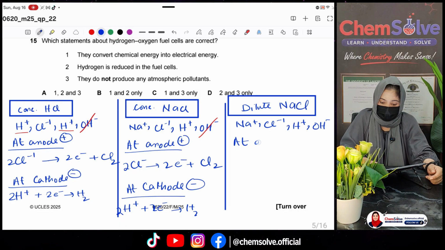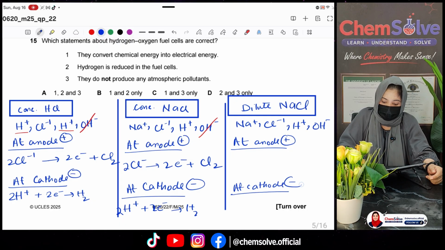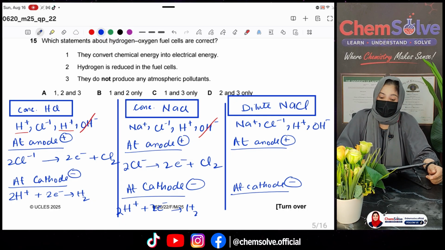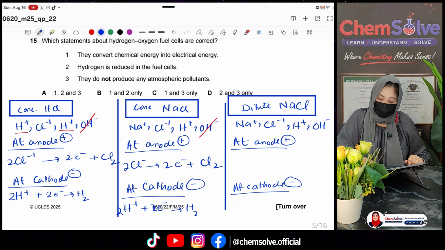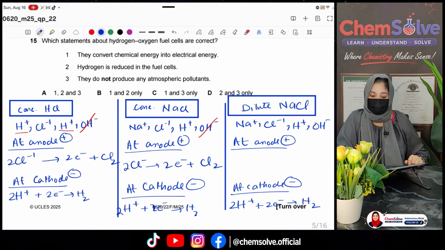So the anode is positively charged, and the cathode is negatively charged. The cathode will attract the positive ion, and for positive ions we look at the bottom of the reactivity series. So of course H+ will go there. It will be reduced and will produce H2.